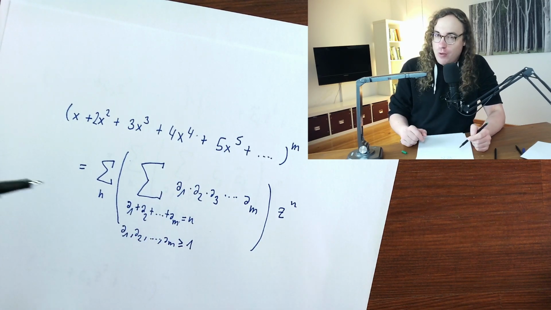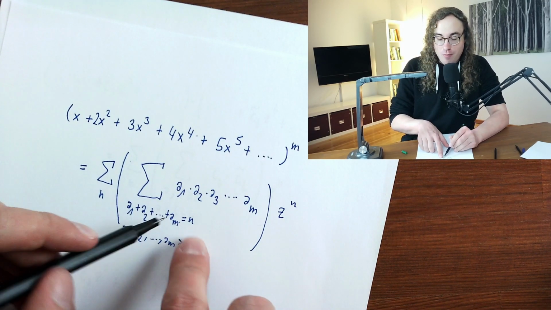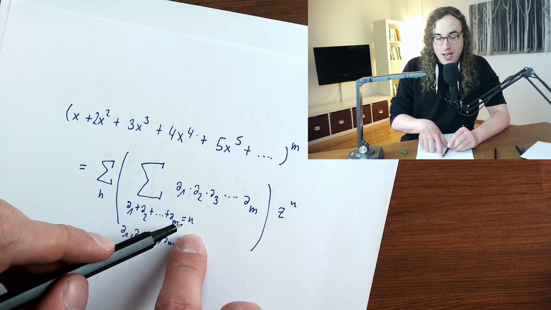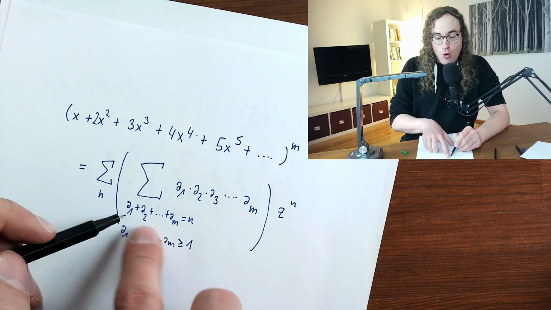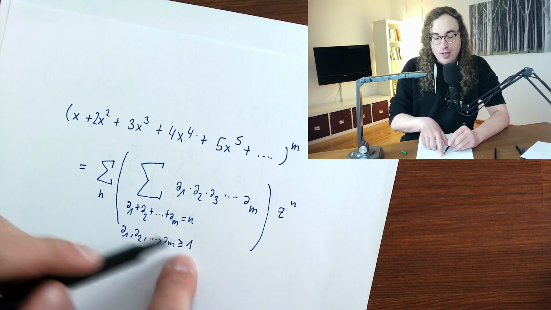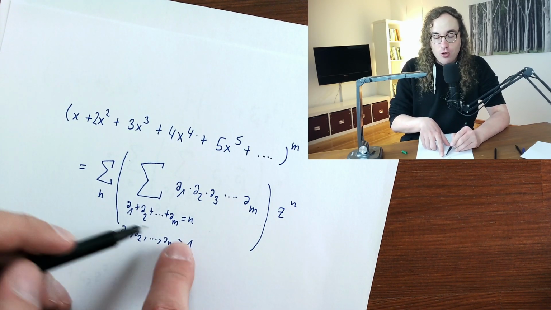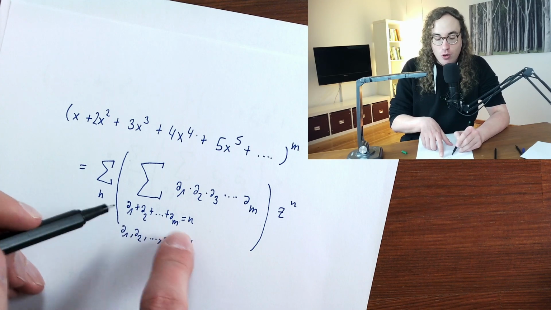But this is exactly what we did in our little game, right? Because I told you, okay, write the number n as a sum in all possible ways. This is exactly what's happening here, only with a little constraint that we're using a sum consisting of m terms.